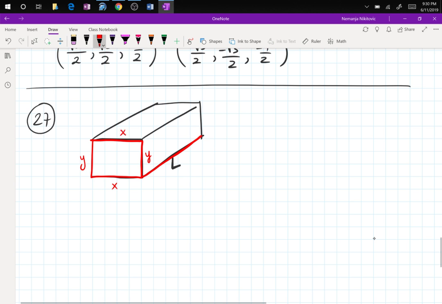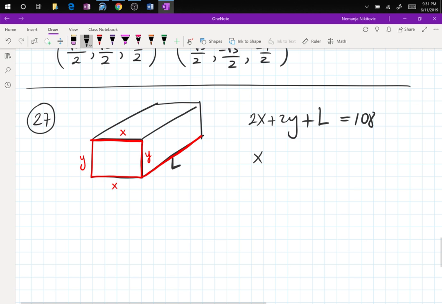So they say the shipping company requires that the sum of the length and the girth of the rectangular box do not exceed 108 inches. So technically the equation that I can write is 2x plus 2y plus L is, well, do not exceed 108. So the most you can have is 108. That's it. Find the dimensions of the box.